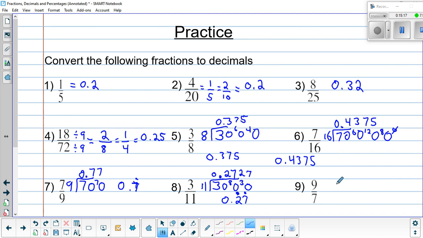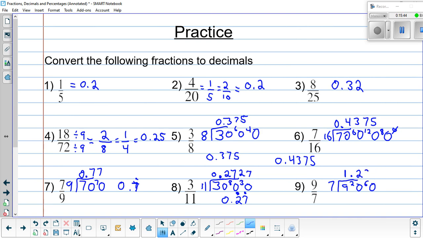So 9 sevenths. So how many times can 9 go into 7? Right, so this time, 7 can actually fit into 9. How many times? Once. I'm left with 2. So 9 can't fit in though, so we have to put a decimal, put a 0. 7 goes into 20 2 times. 6 remainder. 7 goes into 60.